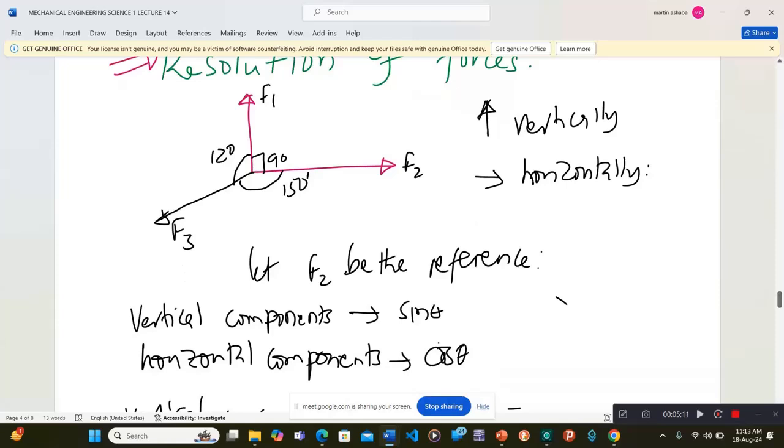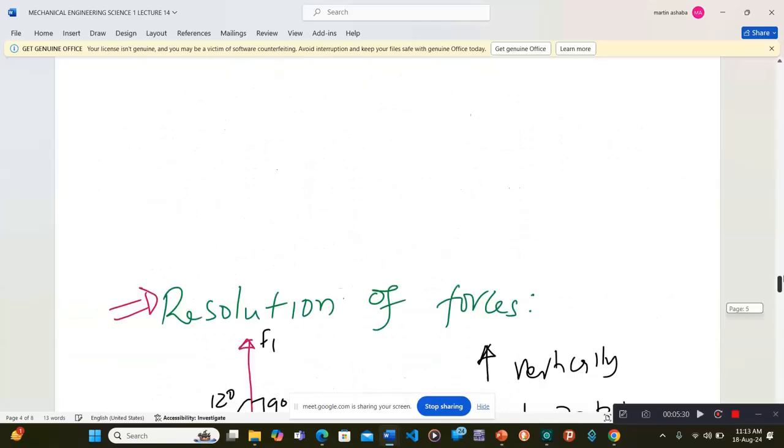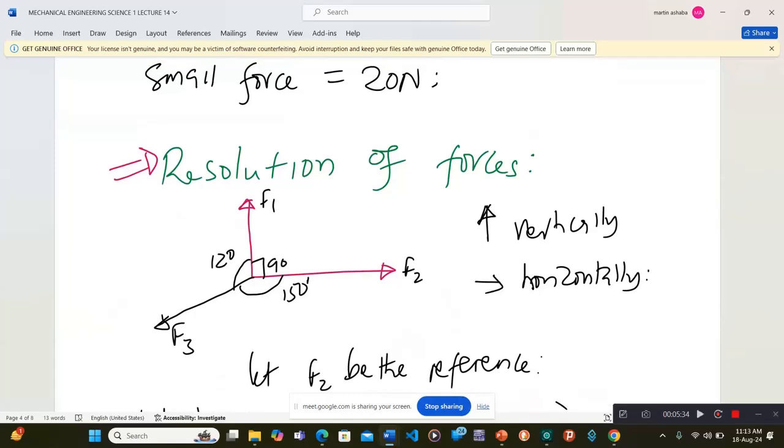Then we go to F1. F1 makes an angle of 90 degrees with the horizontal. Therefore, we shall add F1 sine of 90 degrees, plus F3. Now F3 is tricky. What angle does F3 make with horizontal?